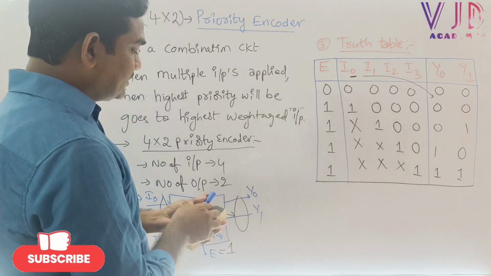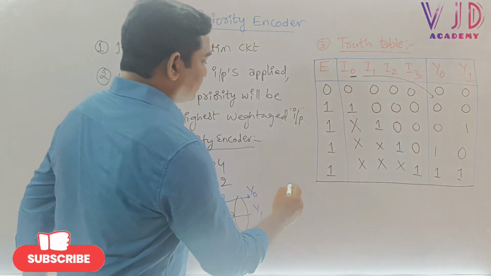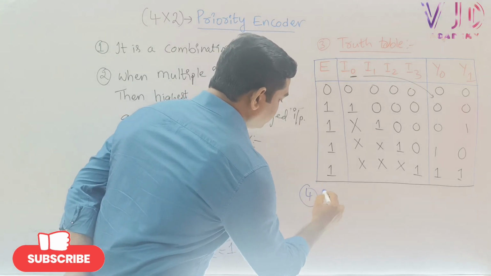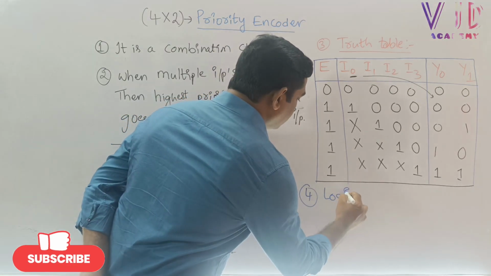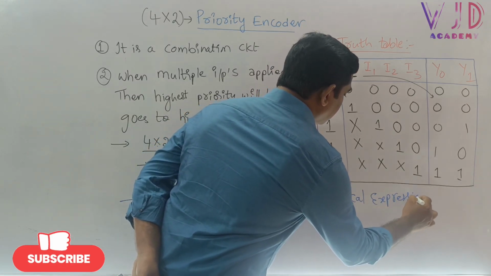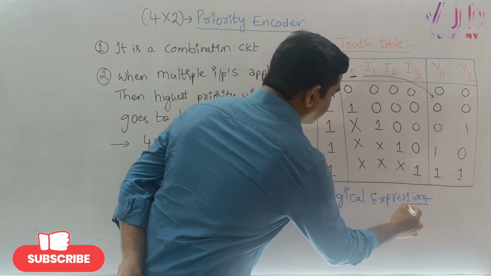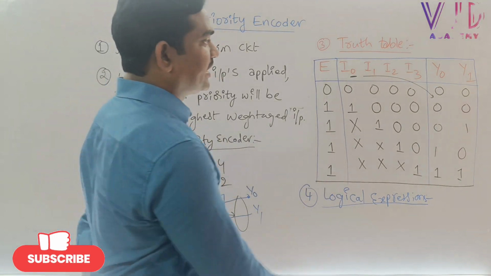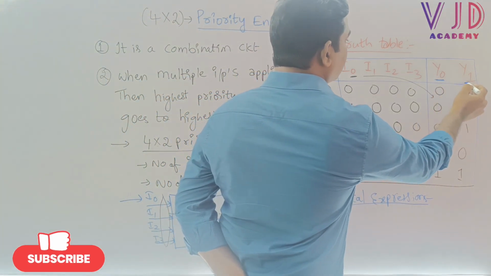Sir, here we come to the fourth one, logical expressions. We have two logical expressions because we have y0 and y1.